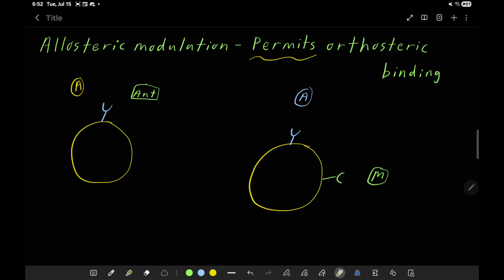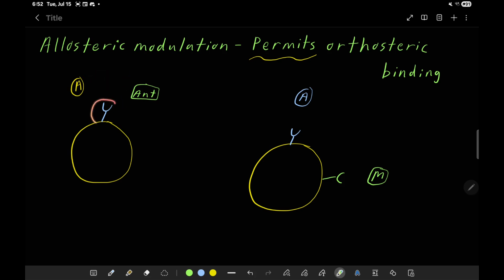Because your allosteric sites and your orthosteric sites are in different locations, they're completely distinct, this means that modulators that bind to your allosteric sites still allow things to bind to your orthosteric sites, because these are two distinct sites. Now this is very different from what we saw before. When we only considered orthosteric sites, when something like an antagonist comes along and sits here and blocks it, then an agonist cannot bind because there's something in the way.